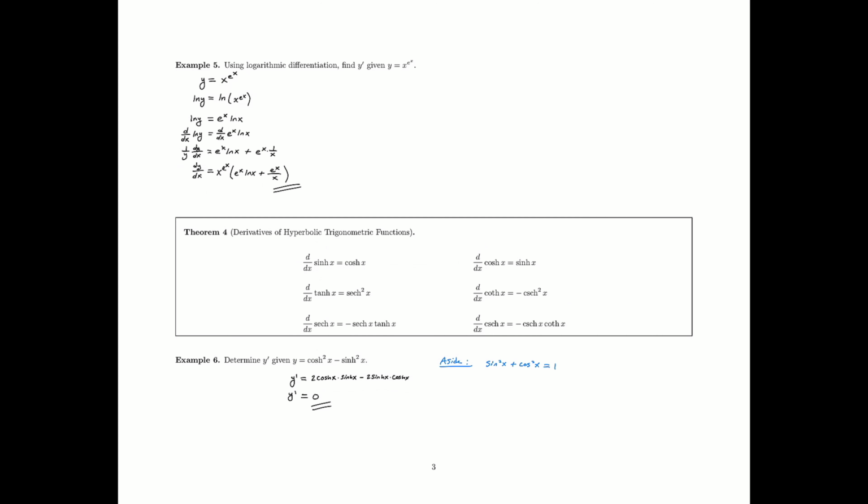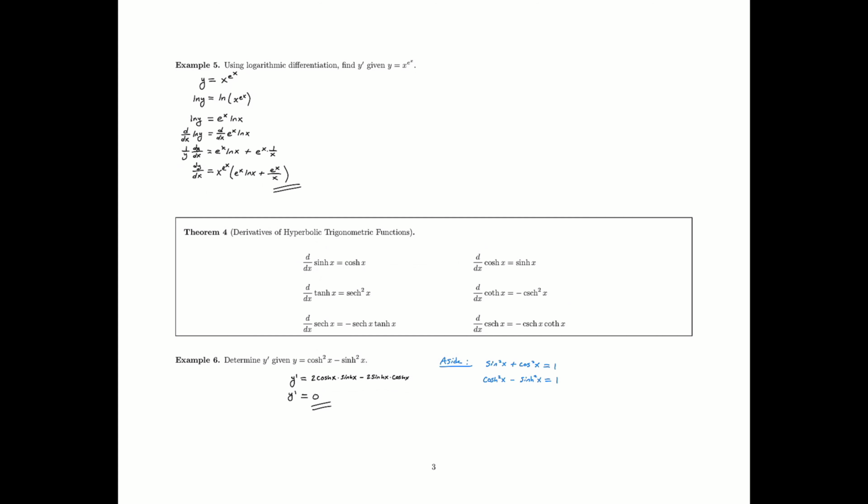We know that. But with hyperbolic sine and cosine, there is another identity, and that identity is cosh squared x minus sinh squared x. That's 1. So the difference between cosh squared and sinh squared in this case is 1.